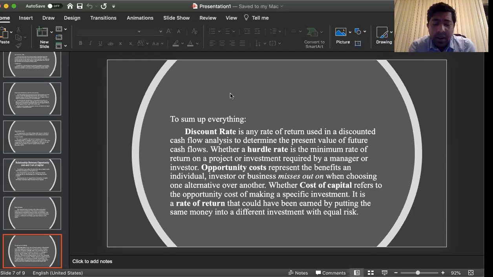And opportunity cost represents the benefit an individual investor, company, or business misses out on when choosing one alternative over another. The cost of capital refers to the opportunity cost of making a specific investment, the rate of return that could have been earned by putting the same money in a different investment with equal risk.